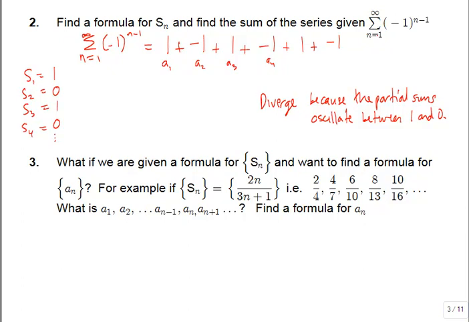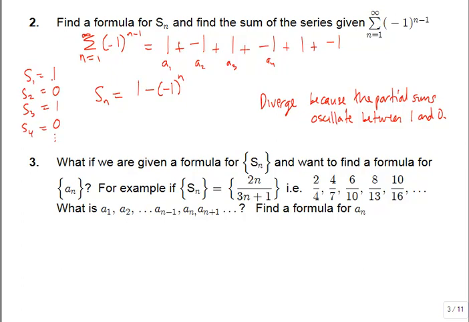Now, can we come up with a formula for S sub n? Yes, we have to be a little bit clever here. We want our sum to alternate between 1 and 0. So what we can notice is that if we start with 1 and we subtract an alternating -1 to the n here, what's that going to give me if n is 1? If n is 1, we want our first partial sum to be 1.